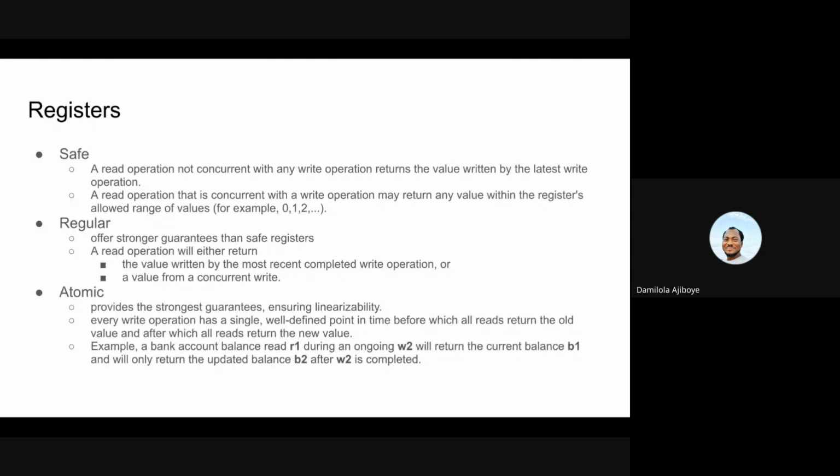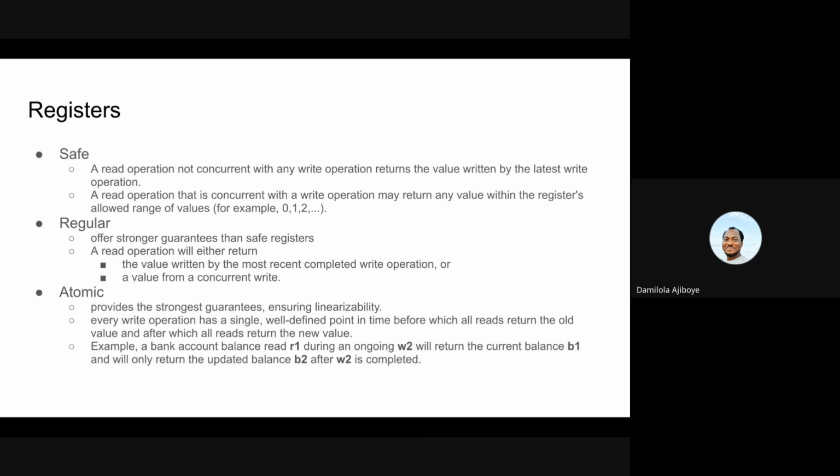And then the strongest form is atomic. We'll look at linearization points later, but this is stating something similar. Every write has a well-defined point, where from that point any read would return whatever value that write has written.